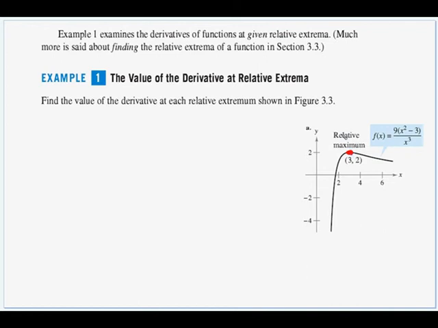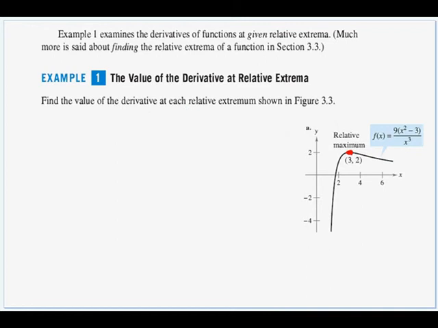Here's our point. They're telling us that is the relative max, and it has a value of 3, 2. Our function is given here in the blue box, 9 times the quantity x squared minus 3 all over x to the third. And what they're asking us to do here is find the value of the derivative at this point.